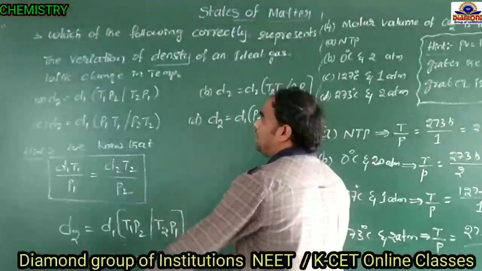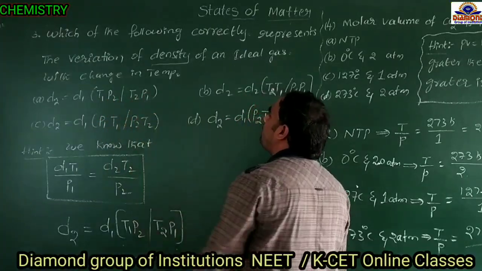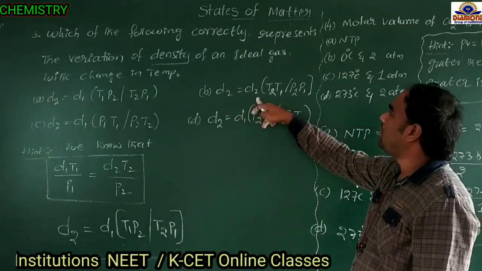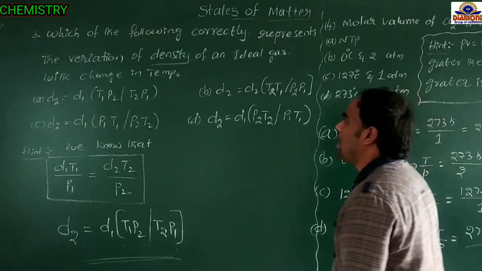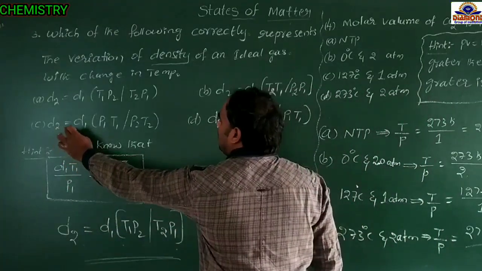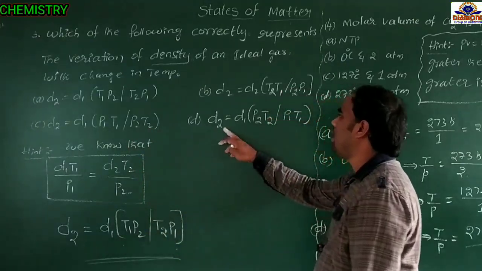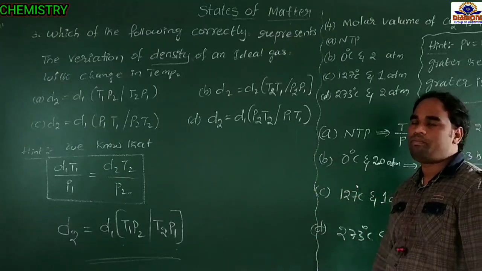Option A, D2 equal to D1 into T1 P2 by T2 P1. Option B, D2 equal to D2 into T2 T1 by P2 P1. Option C, D2 equal to D1 into P1 T1 by P2 T2. Option D, D2 equal to D1 into P2 T2 by P1 T1.